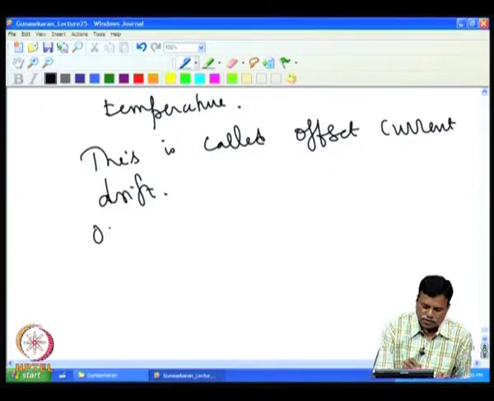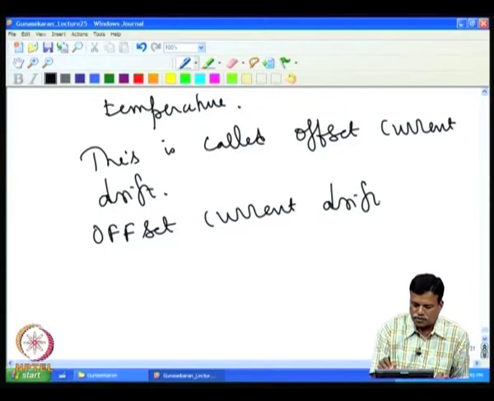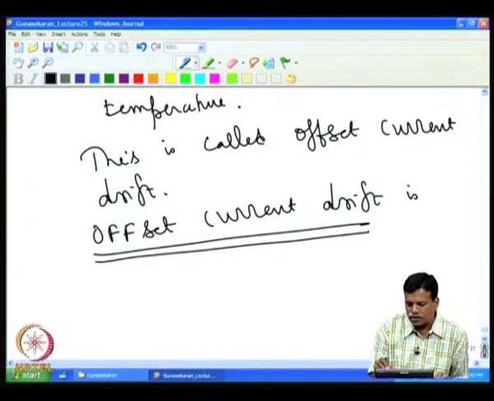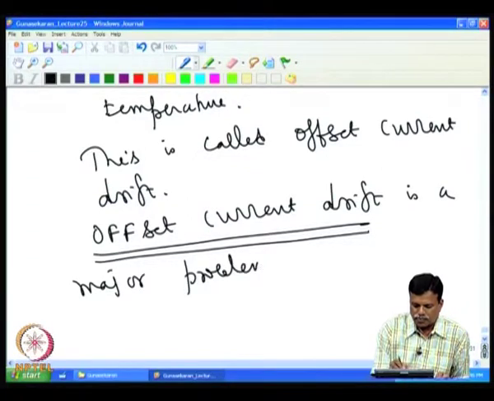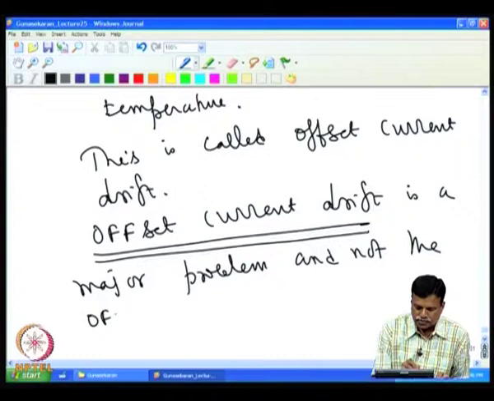Offset current drift is the major problem, not the offset current itself.